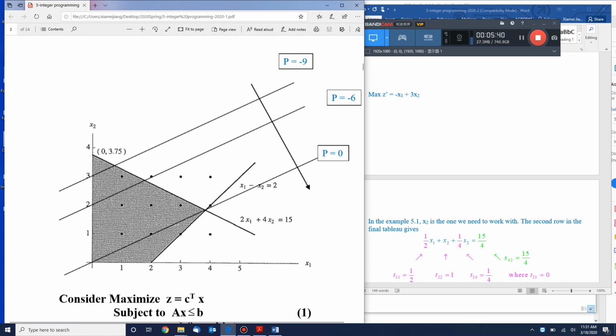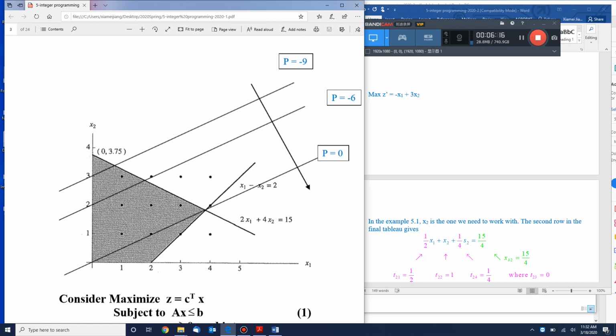The first integer point the profit line touches is (0, 3). So (0, 3) is the point we are looking for. The value of z is -9. In this way, we get our optimal solution for the pure integer programming problem as z equals -9 at (0, 3), that is x1 equals 0, x2 equals 3.